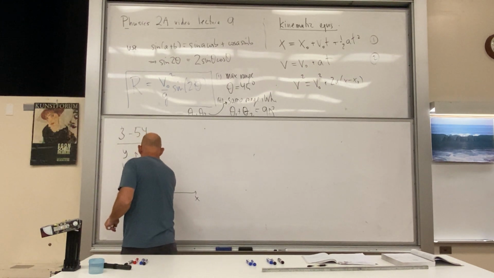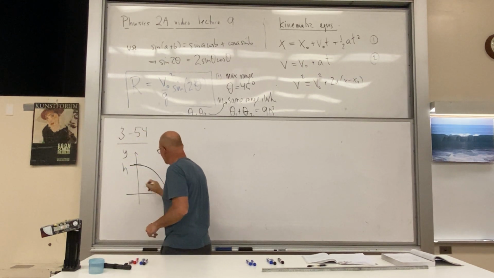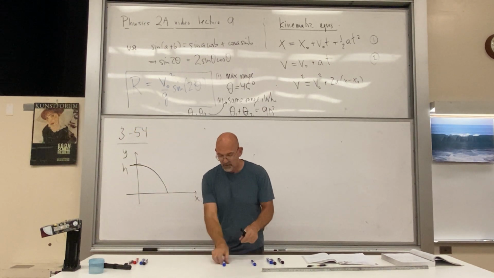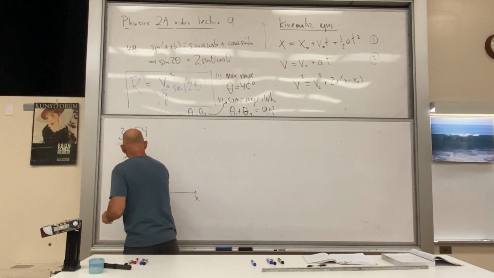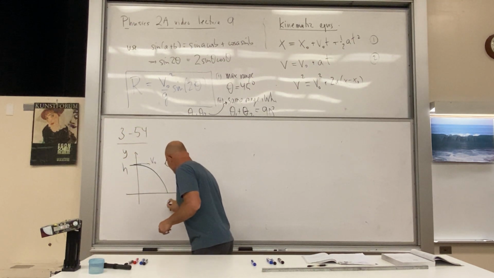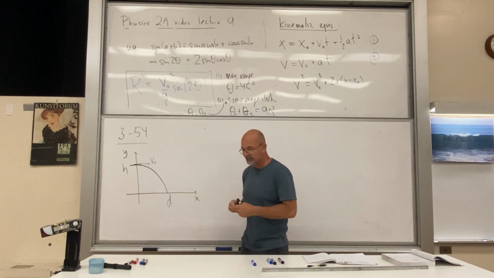We've got water coming out at a certain speed from height h. We've got v sub 0 in x direction, and this is going to go over to distance d.